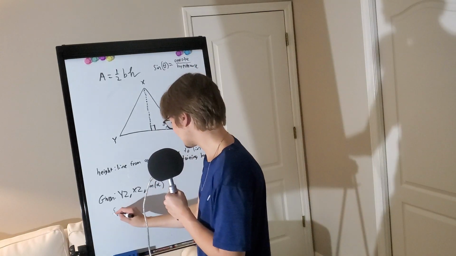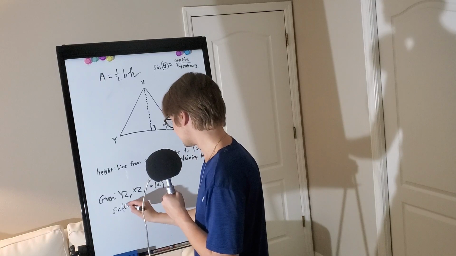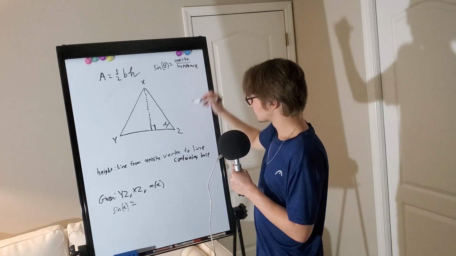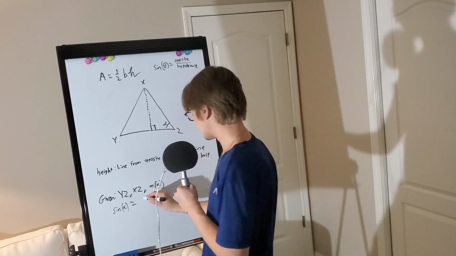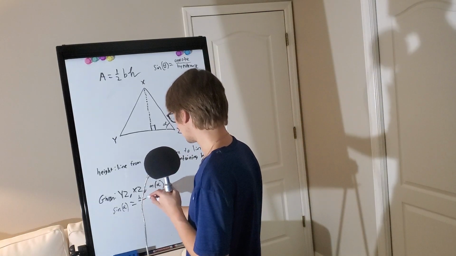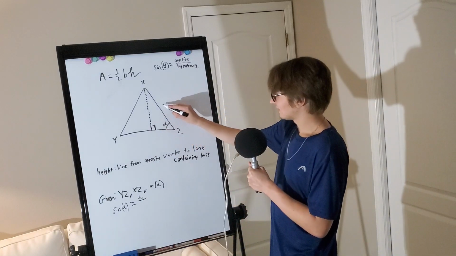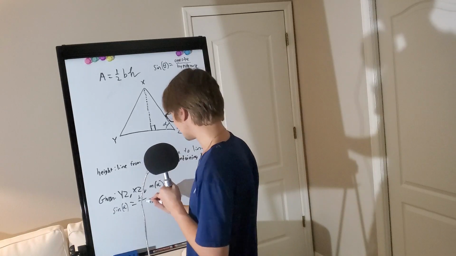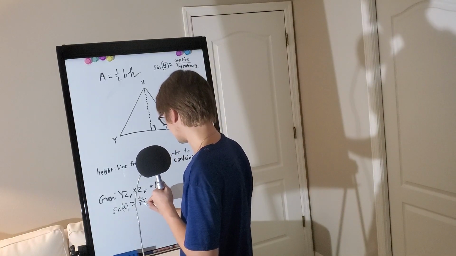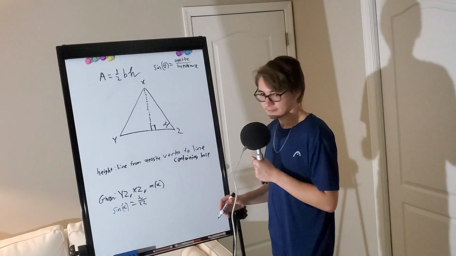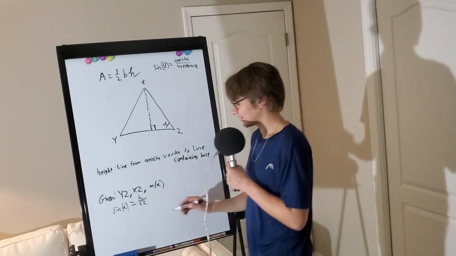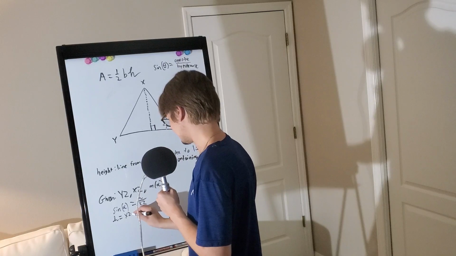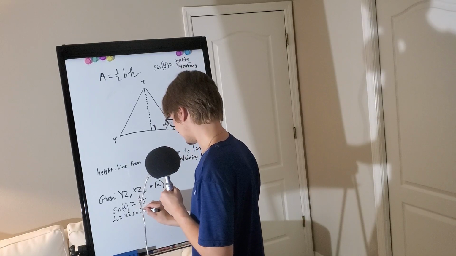We'll say that the sine of alpha is opposite, which would be the height. That's what we're solving for. Divided by the length of the hypotenuse, which in this case will be XZ. That means that the height is just XZ sine of alpha.